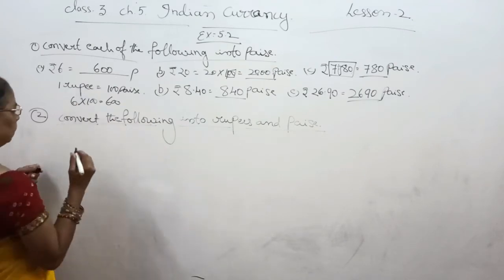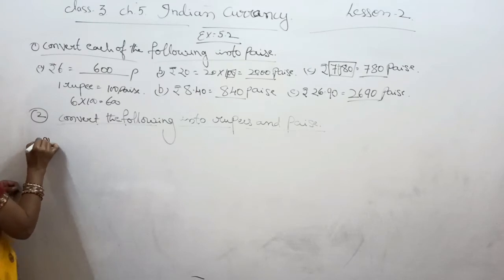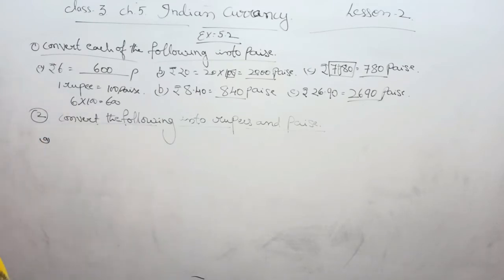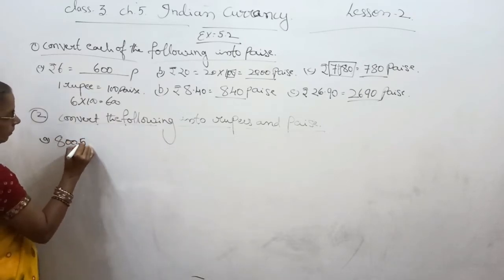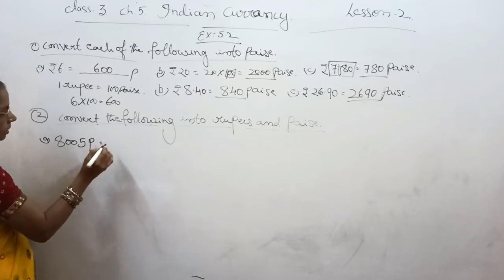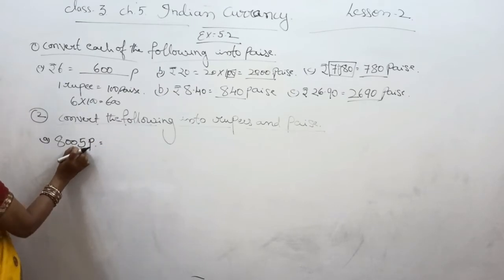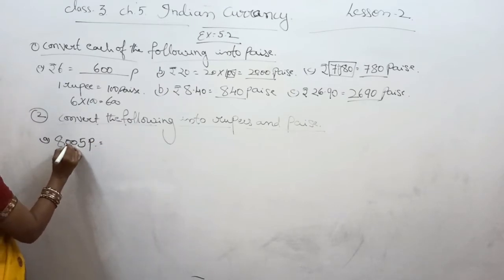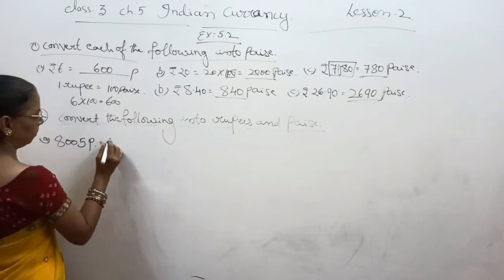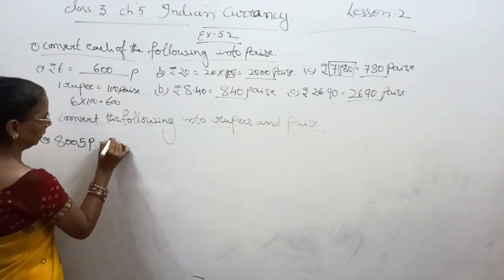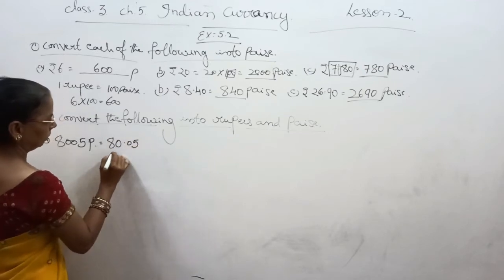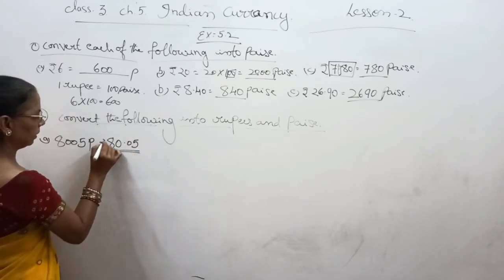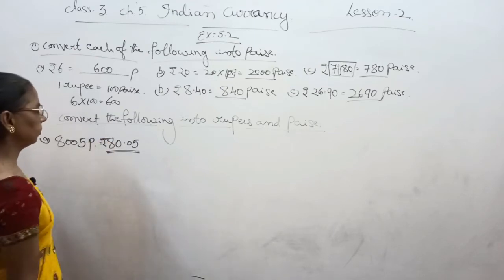First one is 8,005 paise. It means after 2 digits, that is ones and tens, we must put 1 point, that is 80.05. Then it is converted into rupees.